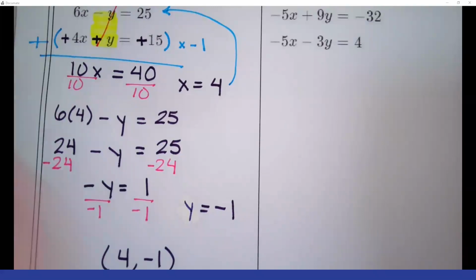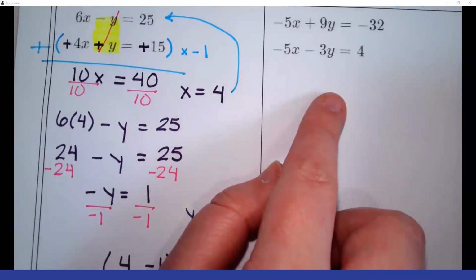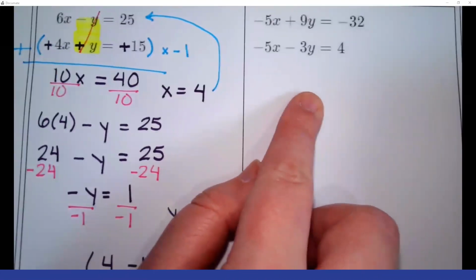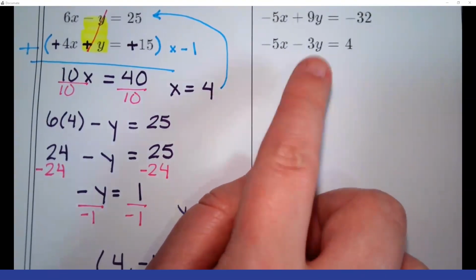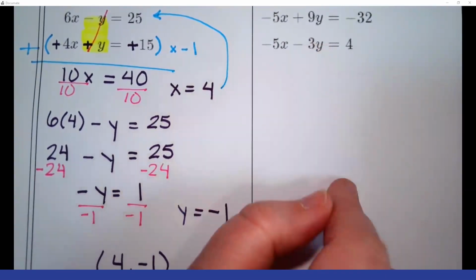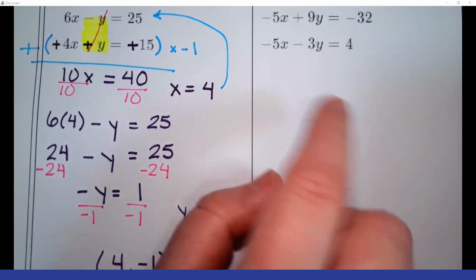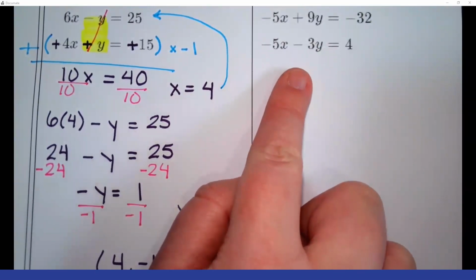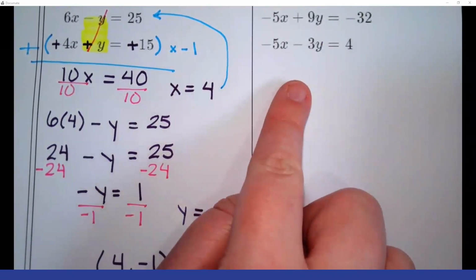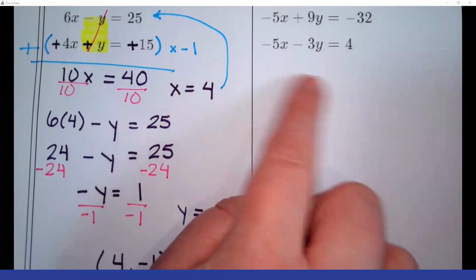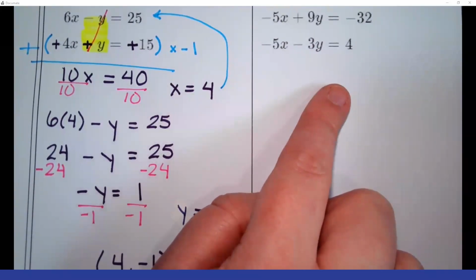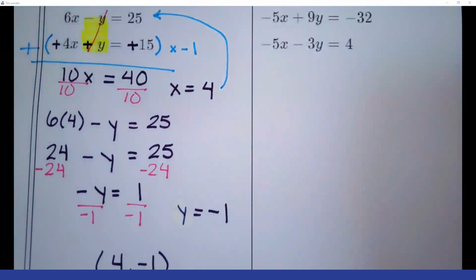All right, this next one will be our last one. I will start it and then give you guys time to finish it. But for this one, which variable has the same number on it, x or y? Good, x.